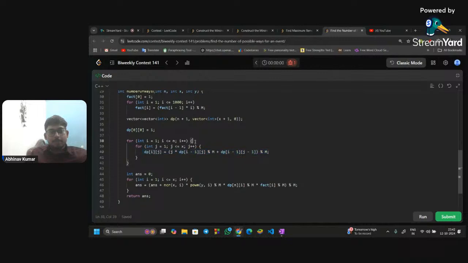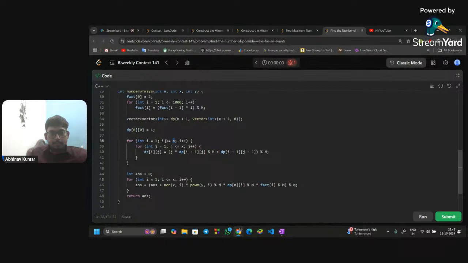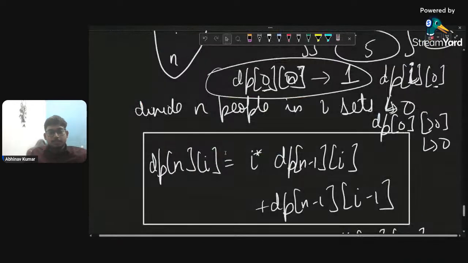Okay, so I'm pre-computing this dp for n cross x. Here at max I would have n people, and the number of sets would at max go up to x. So I've taken a dp vector of size n plus 1 by x plus 1. Then dp[i][j] is j times dp[i-1][j]. Earlier dp[n][i] was i times dp[n-1][i], so here i is replaced by j, and n by i minus 1.